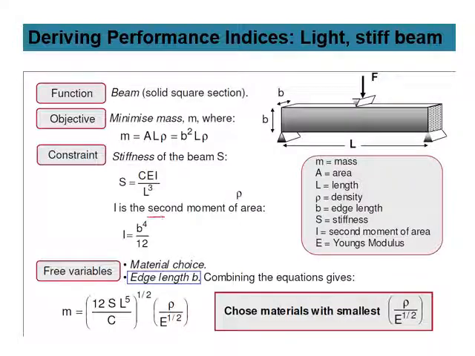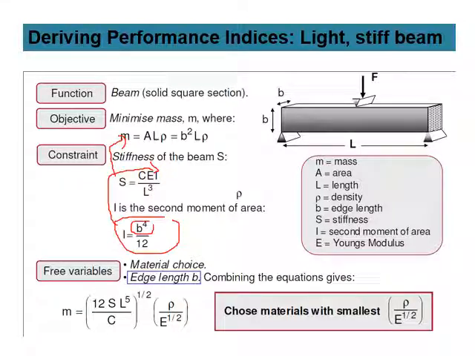Now you have to insert also this equation into this equation, and then re-derive back this equation with this equation. Basically you have to use this stiffness and moment of area into the mass equation. So you just replace the area A with the value of B over here.